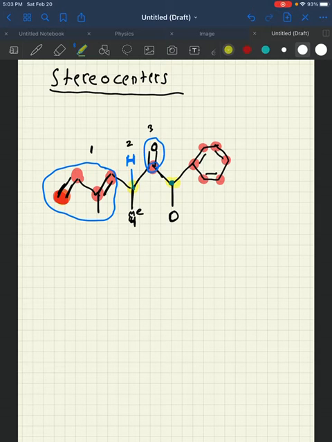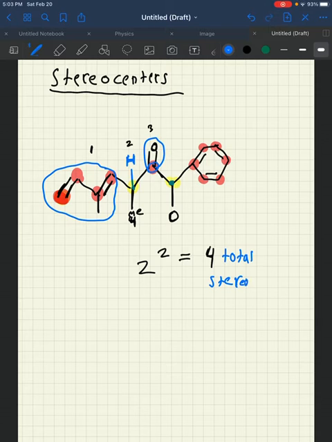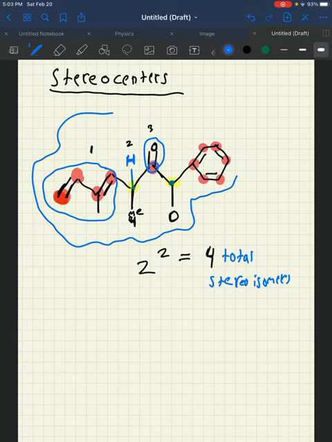So on this, we have found 2 total stereocenters, and we know it's not a meso compound. So let's do 2 to the second power. What's that going to give us? 2 times 2 equals 4 total stereoisomers. So we have 4 total stereoisomers for this compound right here. Okay.